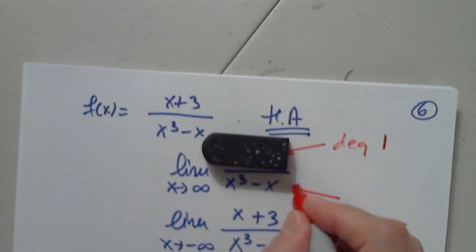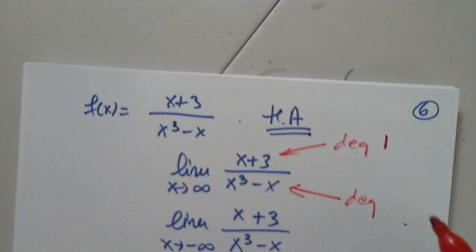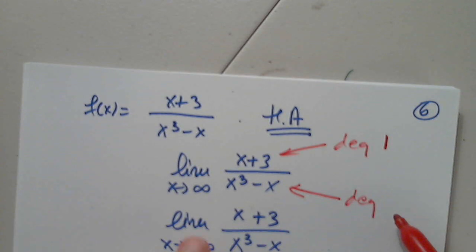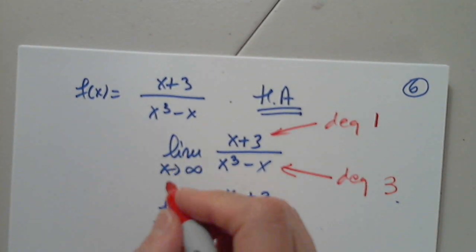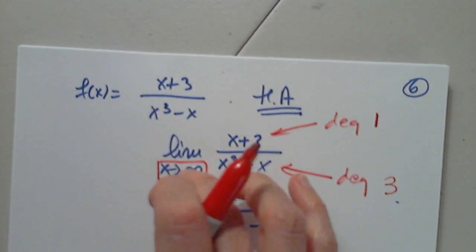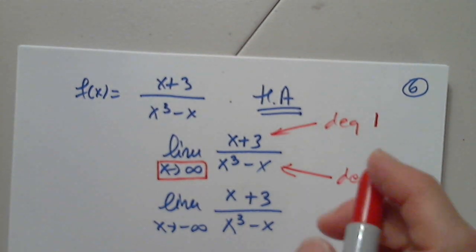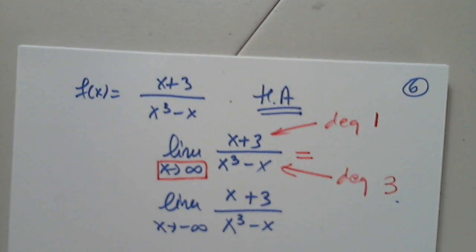For the denominator, degree? Three. Perfect, awesome. So now I'm asking you this. At infinity, this is the key. At infinity, small degree over big degree, what will the answer be?